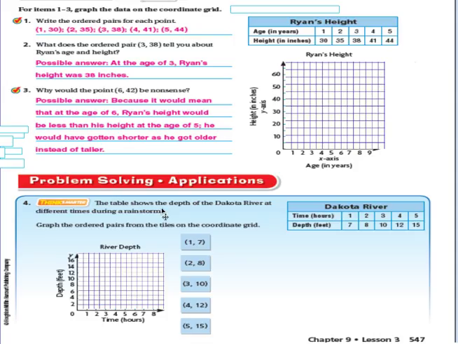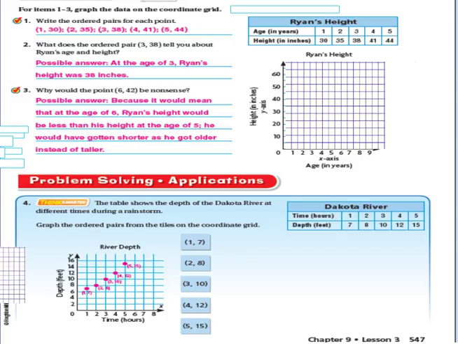The table shows the depths of the Dakota River at different times during a rainstorm. Graph the ordered pairs from the table on the coordinate grid. So right here you have them. Here they are. Please graph them.